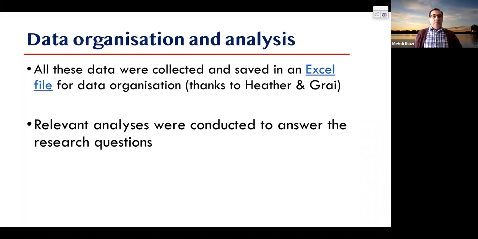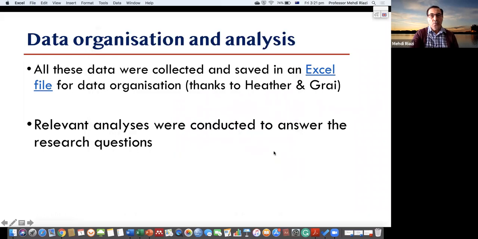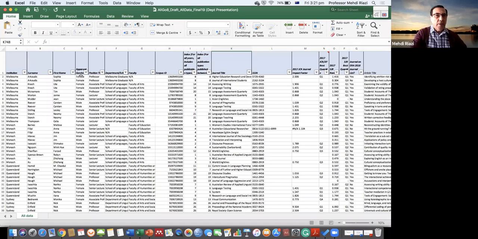Okay, all these data were collected and saved in an Excel file for data organization, thanks to Heather and Gray. If I can actually open it to just give you a glimpse of how the Excel file looks. So we can see that here we have institution, surname, first name, apparent gender, position, department, faculty, Scopus ID, index for all years, index for publications, journal title, and so on and so forth.